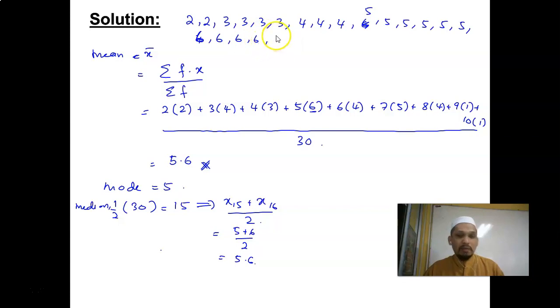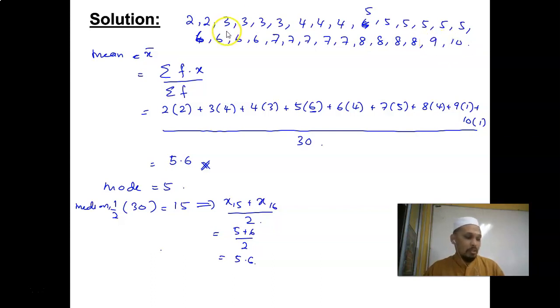Getting 7, 5 of them: 1, 2, 3, 4, 5. Getting 8, 4 of them: 1, 2, 3, 4. Getting 9, 1, and 10, 1 of them.